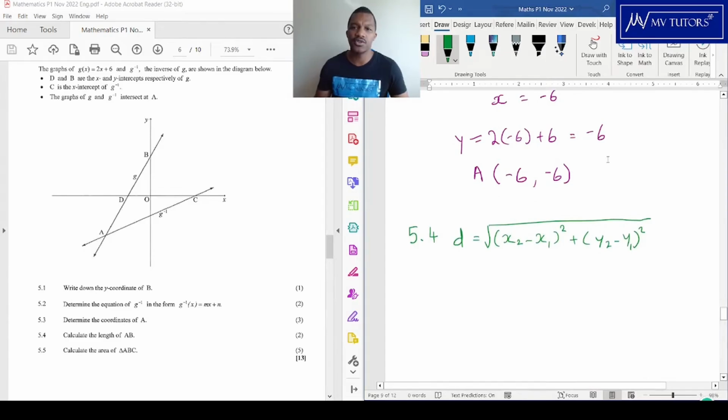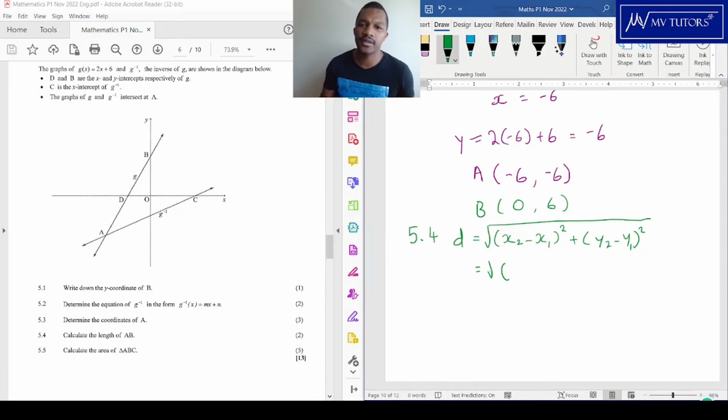So I want to put the coordinates of B there, which is 0 and 6. Okay, now I'm going to put that, open my square root, x2 will be B, and x1 will be A. So I'll put little x and y there so that I know which values I'm reading.